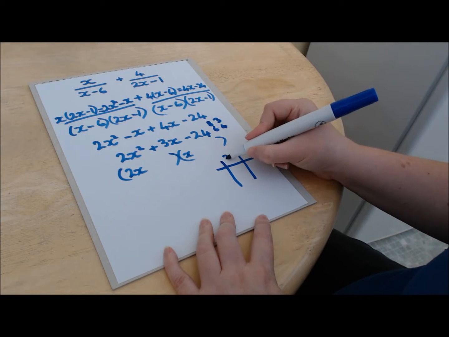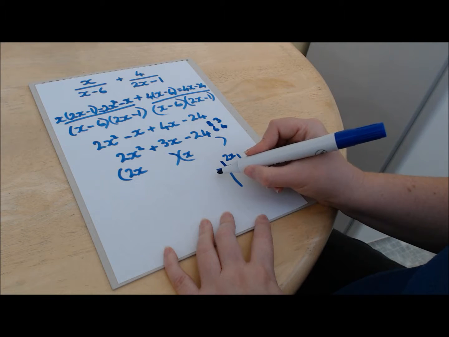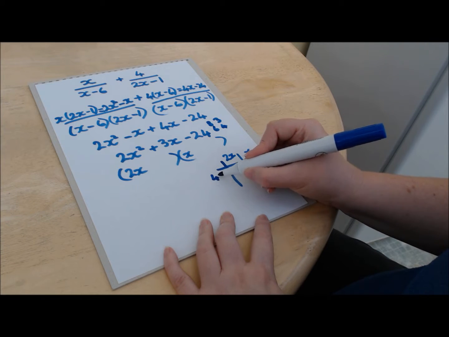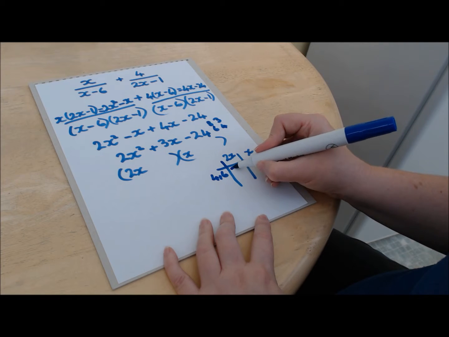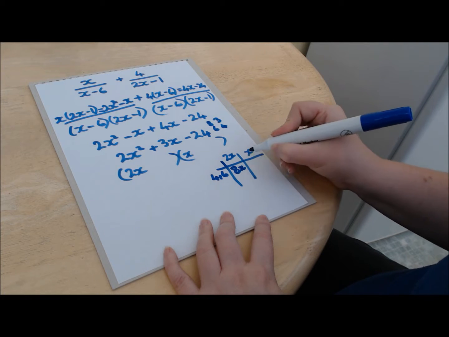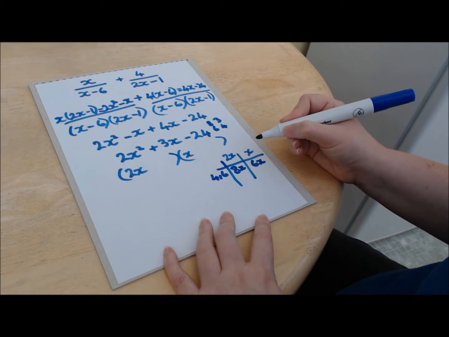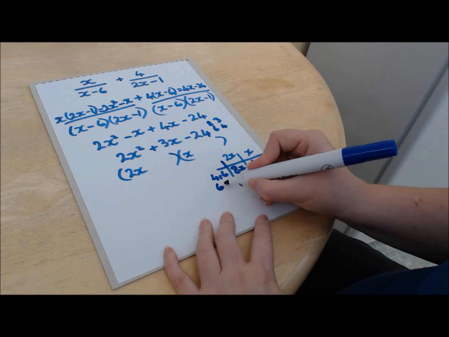So we've got 2x and x, so we're trying to make 3, aren't we? So it's more likely to be 4 and 6 than the other way around. So 4 2s are 8x, 6x is 6x, but they're not going to make 3 for me. Let's try it the other way around just in case.